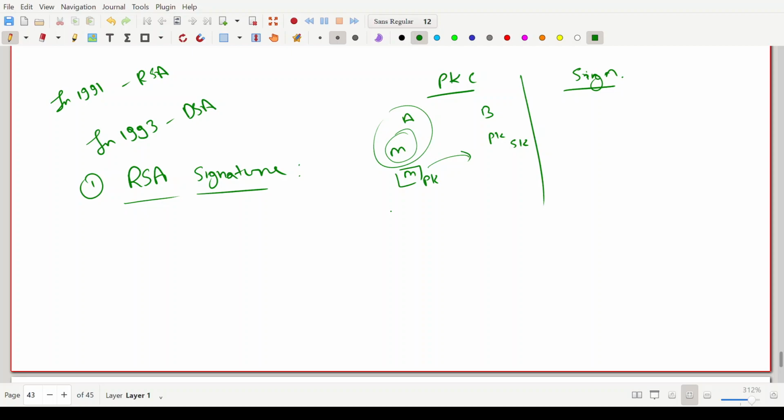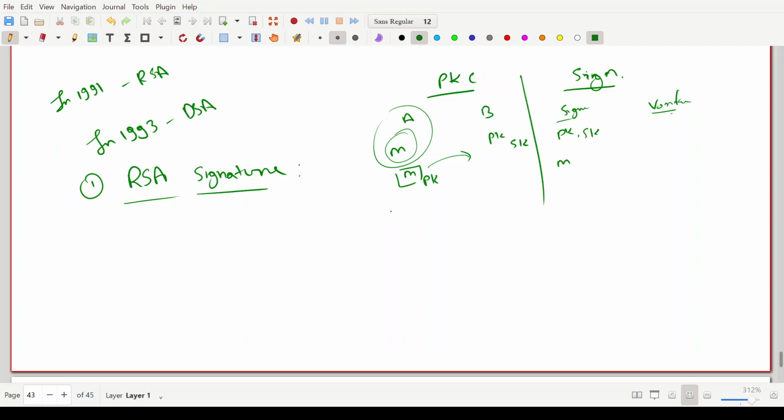So here, the sender is Alice, but the key generation is done by Bob, the one who is going to decrypt it. In the case of signature, there are two parties, signer and verifier. The signer will generate the keys, that is public key and secret key, and he is the one who has the message.